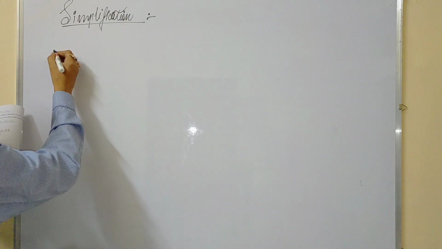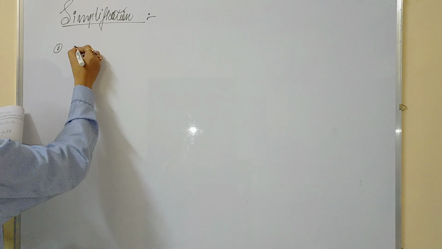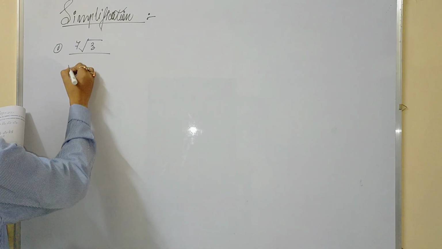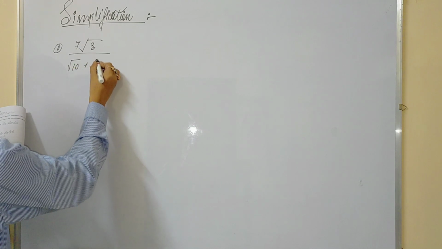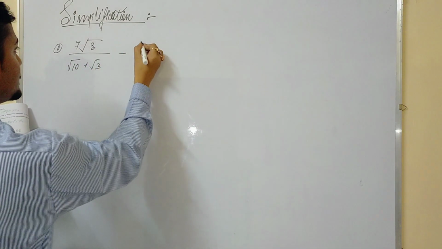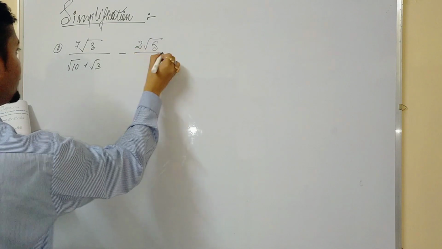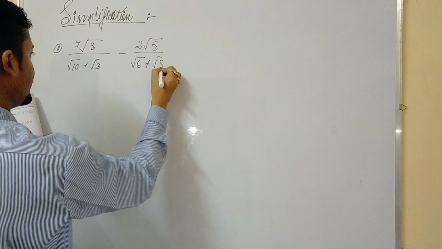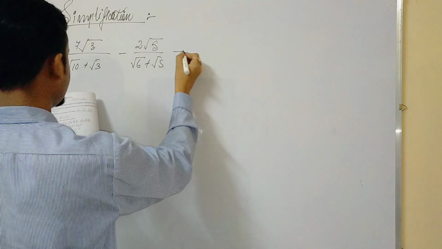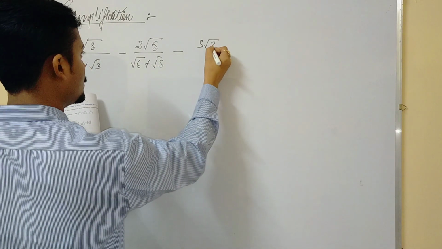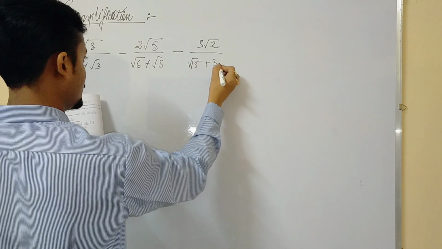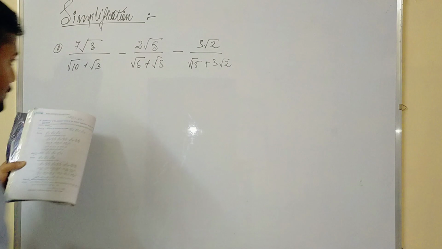Under the heading of simplification, question number 1: 7 root 3 by root over 10 plus root over 3 minus 2 root 5 by root over 6 plus root over 5 minus 3 root 2 by root 15 plus 3 root 2.